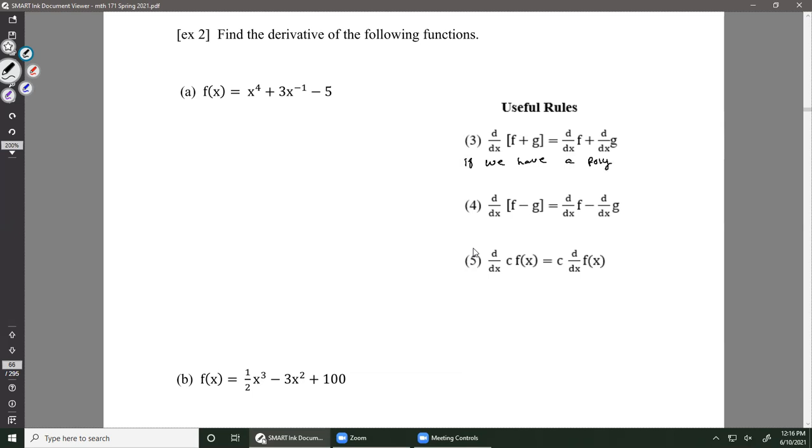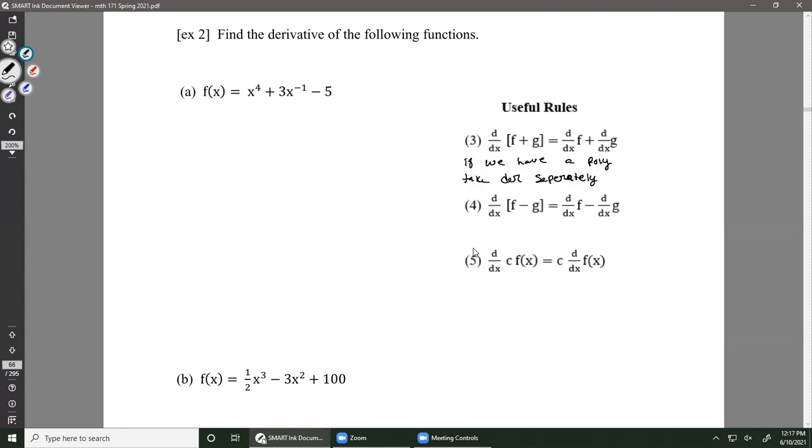so functions being added together, then we can take the derivative of each piece separately. So if you have a bunch of functions being strung along with pluses, you can take each piece separately.